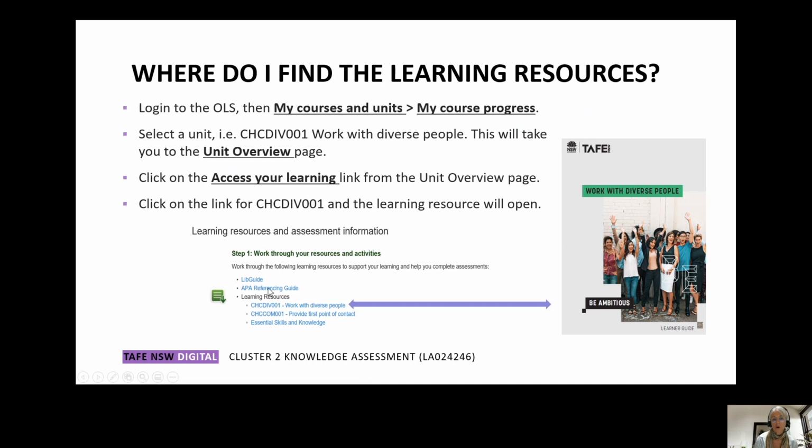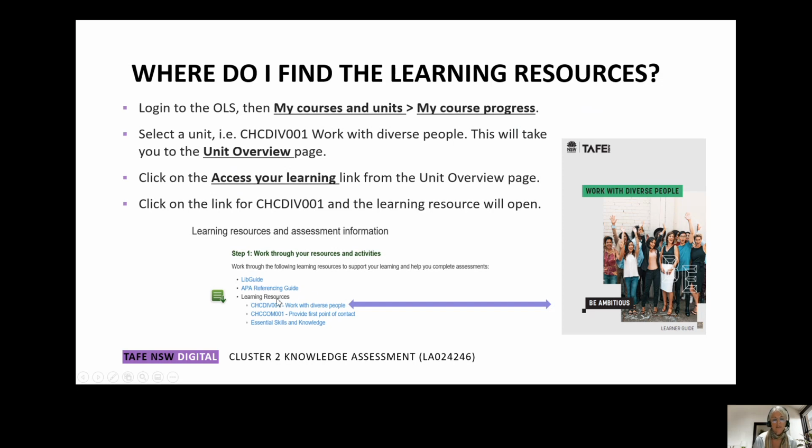The information on APA referencing is the referencing we use. If you refer to any articles you've read or any research you've done, you need to reference your work. So please check it out if you haven't already.